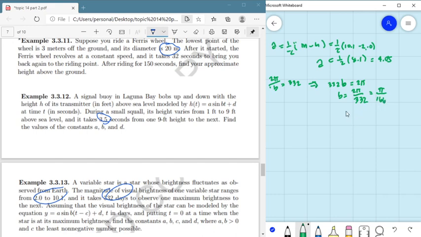Okay. And our d is equal to amplitude plus the minimum value. So the amplitude is 4.05 plus 2.0. Thus our d is 6.05.